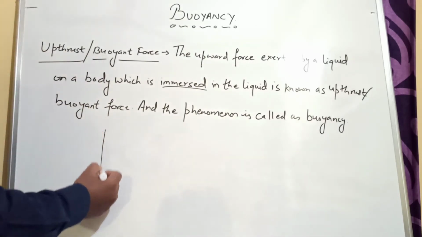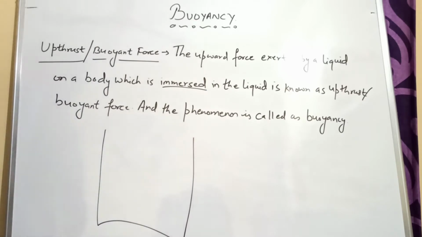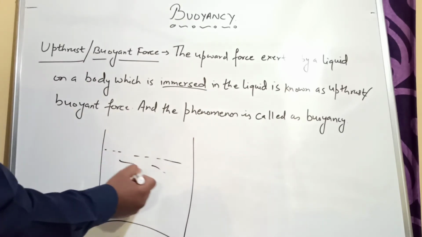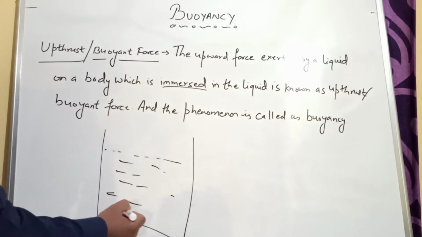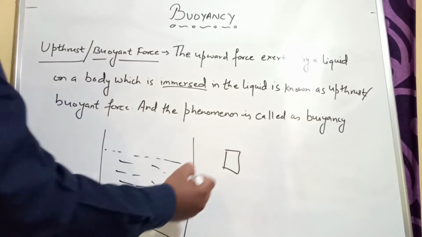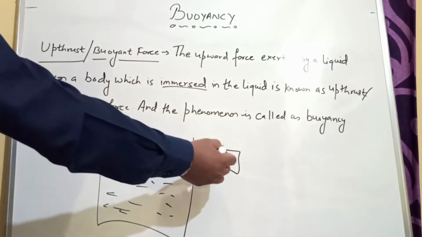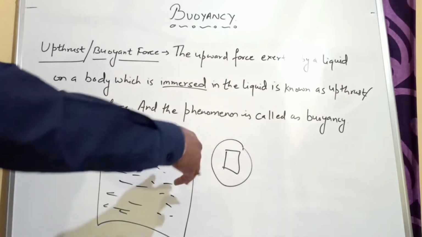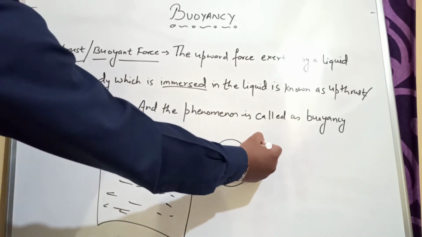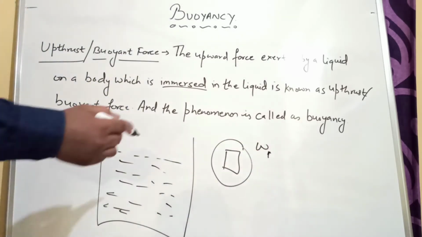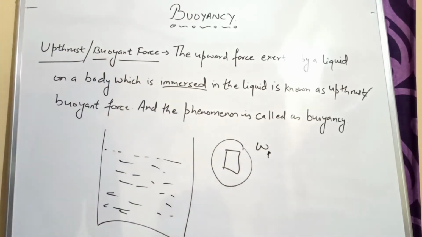Say for example, we are taking a beaker or a container, and we have filled it with water or any liquid. Now this is one object. When we measure the weight of this object outside the liquid, say it is W1.